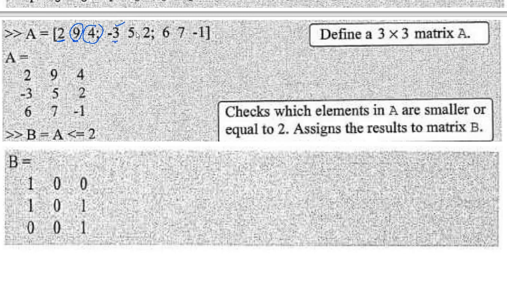So the B matrix will be A less than or equal to 2. Where the value equals 2, the result is 1. 9 is greater than 2, so 0. 4 is greater than 2, so 0. 3 minus 3 is less than or equal to 2, so the value is 1. 5 is greater than 2, so 0. 2 is equal, so the value is 1. 6 is greater, so 0. 7 is 0. The last one is 1. So the matrix displayed is 1 0 0 1 0 1 0 0 1.